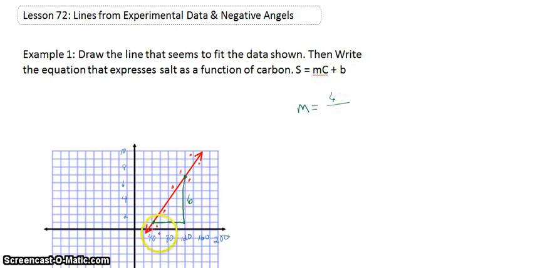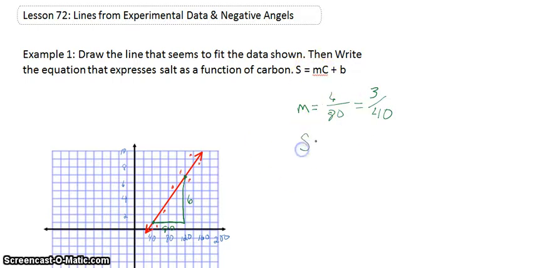And then for the run, this is going by 20s each. So 1, 2, 3, 4. That would be 80 here. So 80 on the bottom. And then I'll have to reduce that. So I'll reduce that to 3 over 40. Then I'll put that in for my slope.